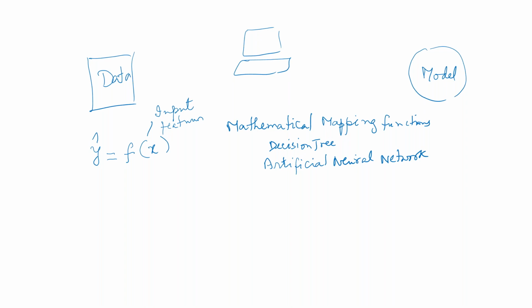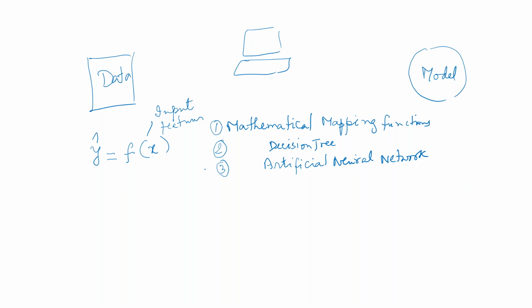Okay, anyway, let us today focus only on the mathematical function. Either of these things, you use a mathematical mapping function or a decision tree or artificial network.